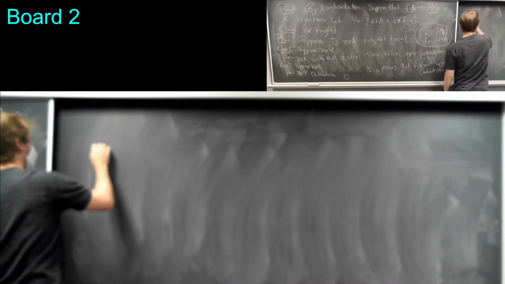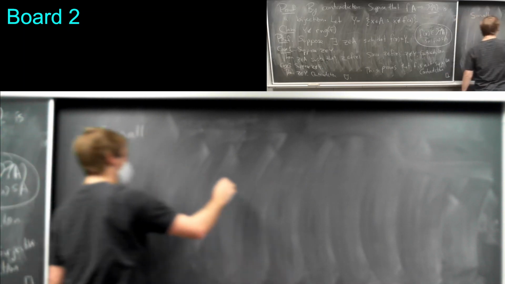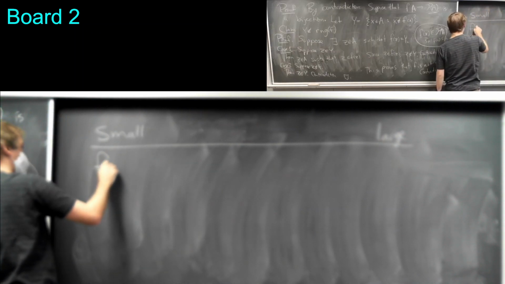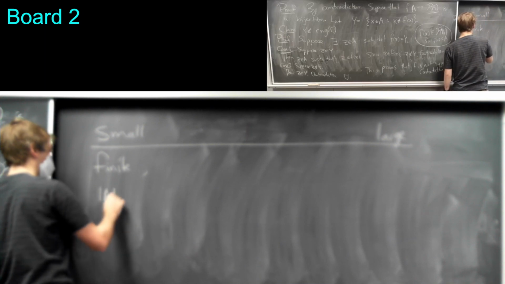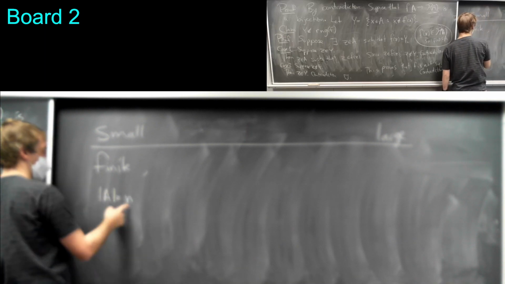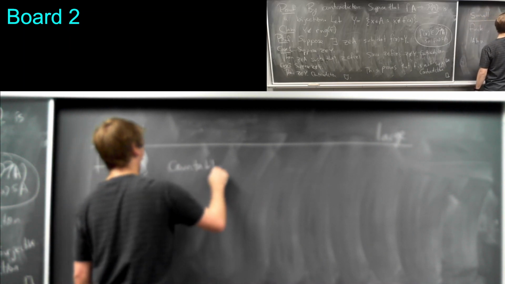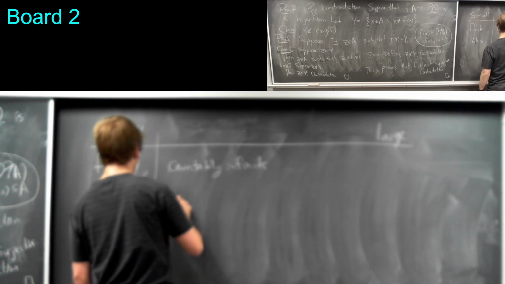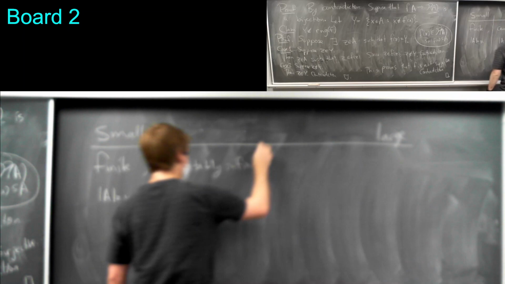We have some sort of scale from small to large sets, where the smallest sets are finite sets, for some n. Then you have countably infinite, which is things that have the same size as the naturals.